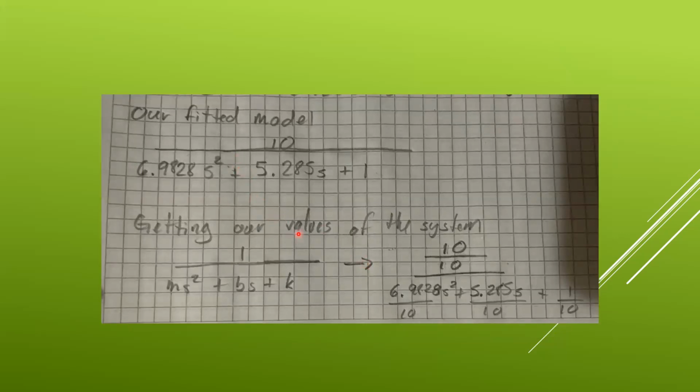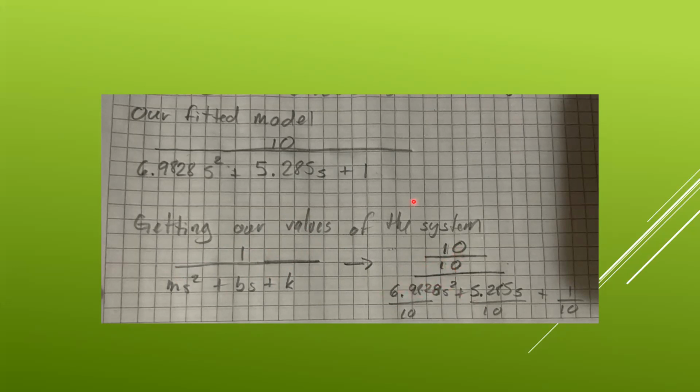Okay, so from our fitted model, we have to get the same values for our system. So we divide everything by 10 to get our 1 on top, being equal in top and bottom.